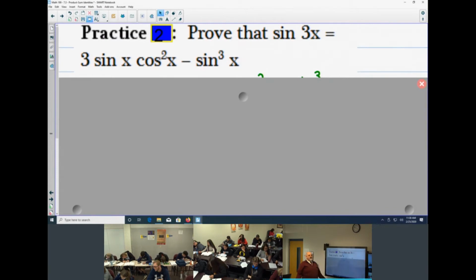Okay, so Andres, where do I even start on this? It was just the same as the other one, right? So it's like equals sine parentheses 2x plus x. Good.